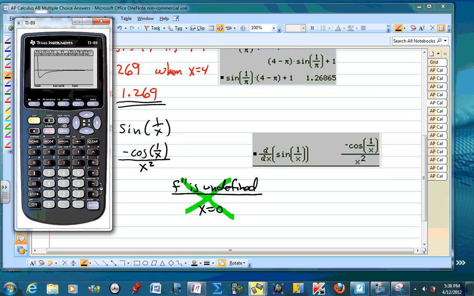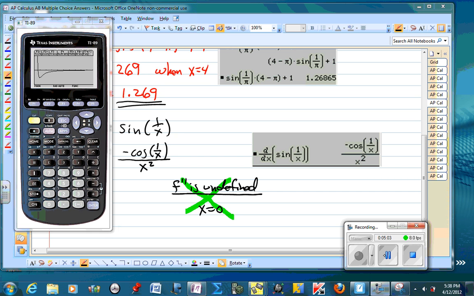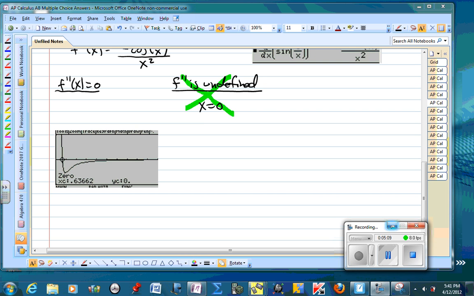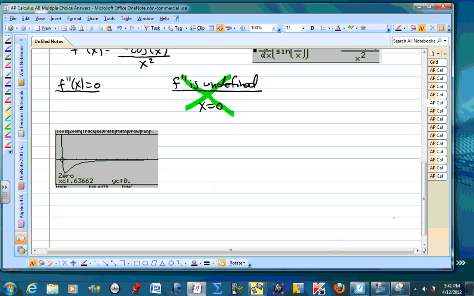And it looks like we certainly do have a place where our second derivative equals 0. I'm going to pause the video, find that value, save you some time, and then we'll continue in just a moment. Okay, you can see from our graph, f prime prime is 0 approximately when x is about 0.637.